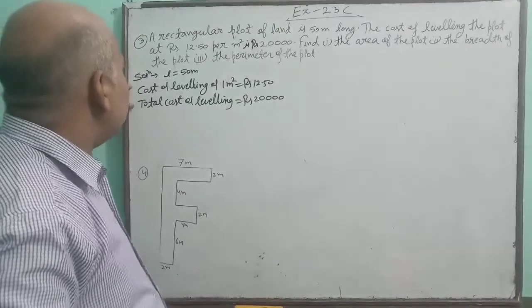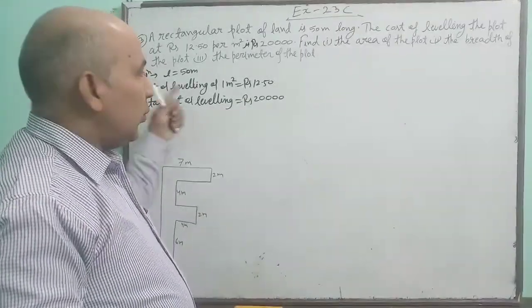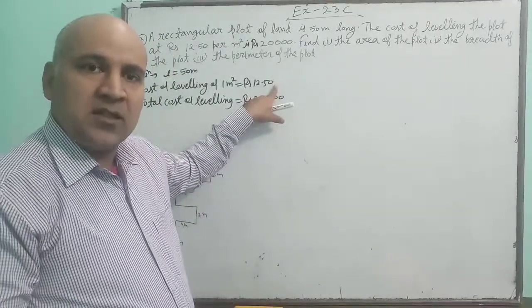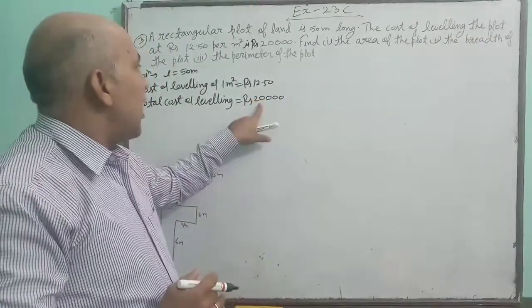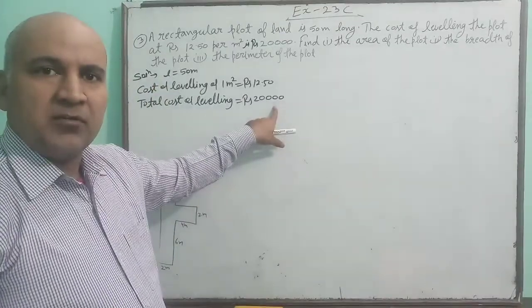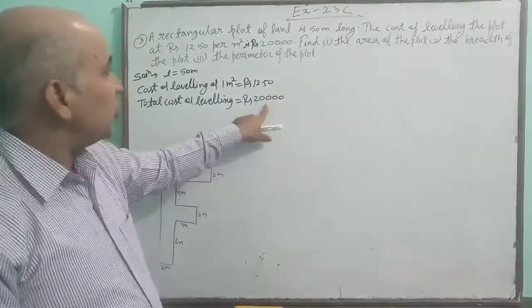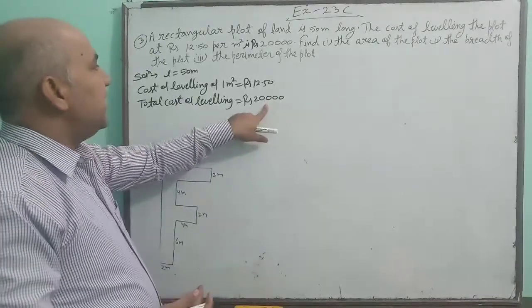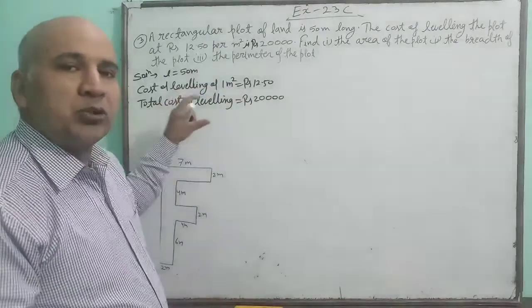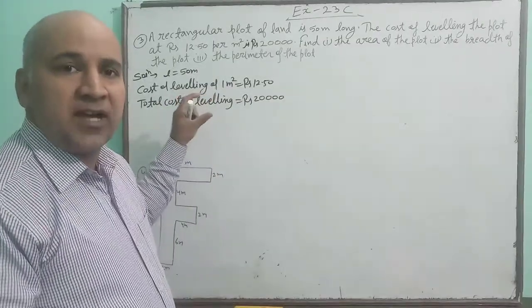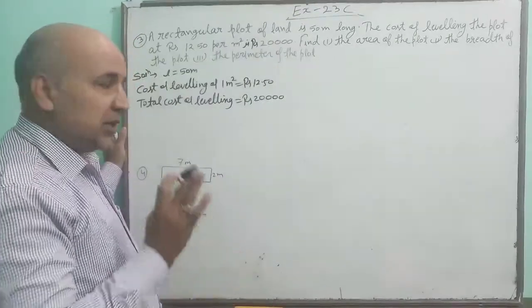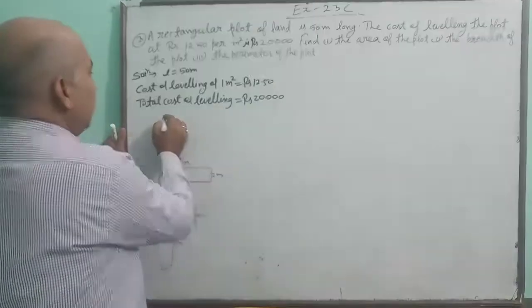Just think at these 2 points. 1 meter square leveling cost is 12.50 rupees. Then how much leveling cost will be rupees 20,000? We can find it when the total cost is divided by cost of 1 meter square, then we will get the total meter square. Total meter square means area of the land, area of the plot. This is the concept here.